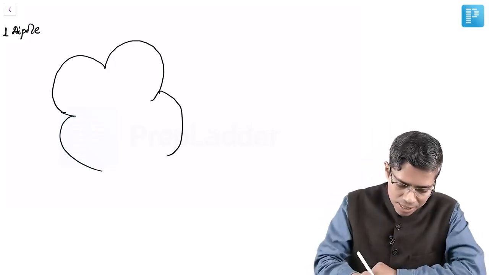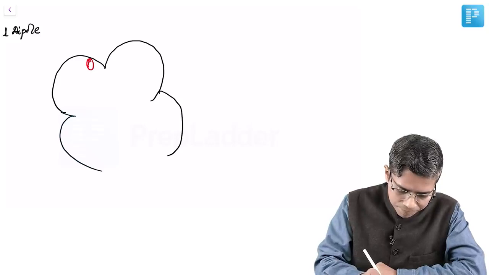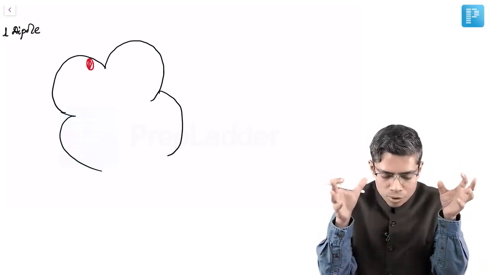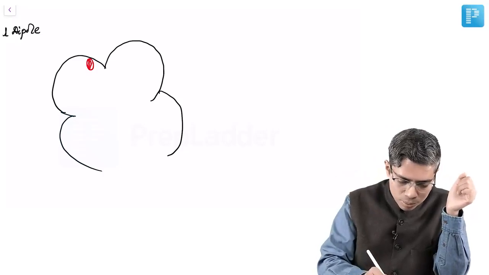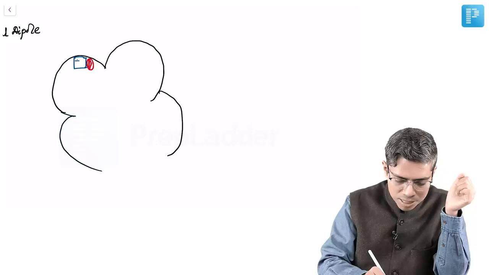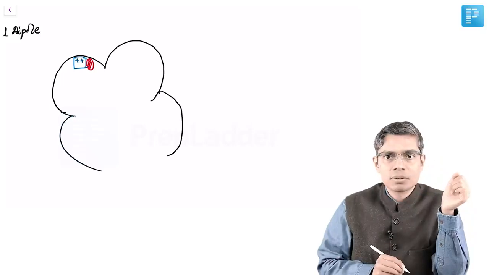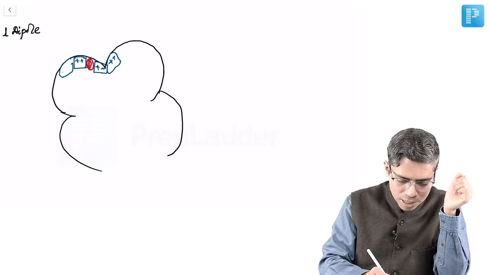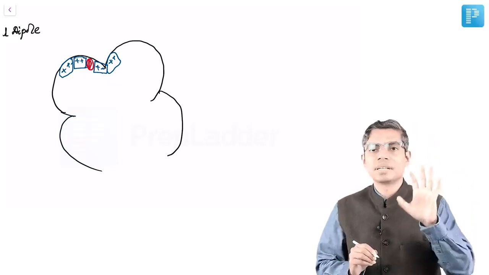Here your SA node is located, and whenever the SA node starts production of impulses, it is going to stimulate the nearby cell. This cell is going to be depolarized. Depolarized means inside will be positive, and this depolarization will spread rapidly to the other cells because these cells are electrically connected with one another via gap junctions.